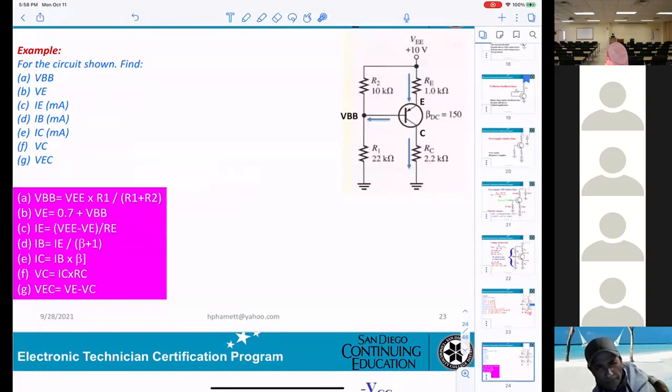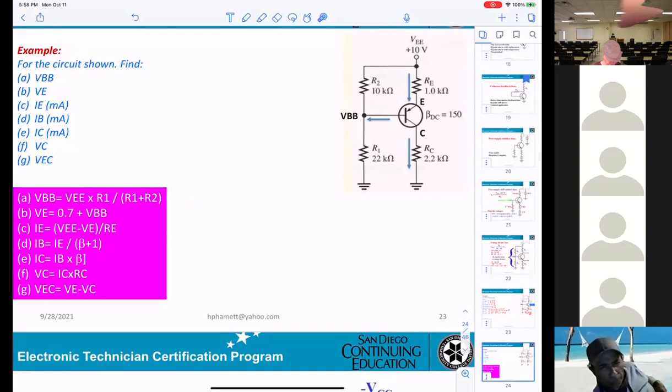Now they want VBB right here, same thing. You take 10 volt times 22K divided by 10 plus 22K. I already gave you the formula here. You can substitute the value and get the answer.